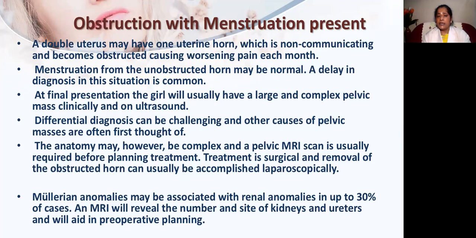Mullerian anomalies may be associated with renal anomalies also in up to 30% of cases. An MRI can help us in identifying whether it is a renal anomaly, the site of kidneys and ureters, and would also help in preoperative planning.